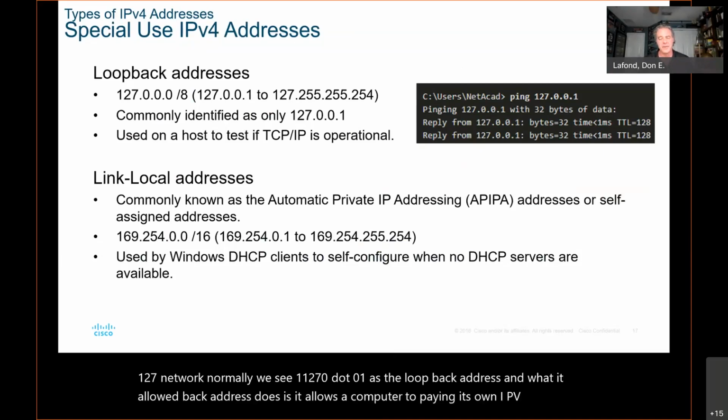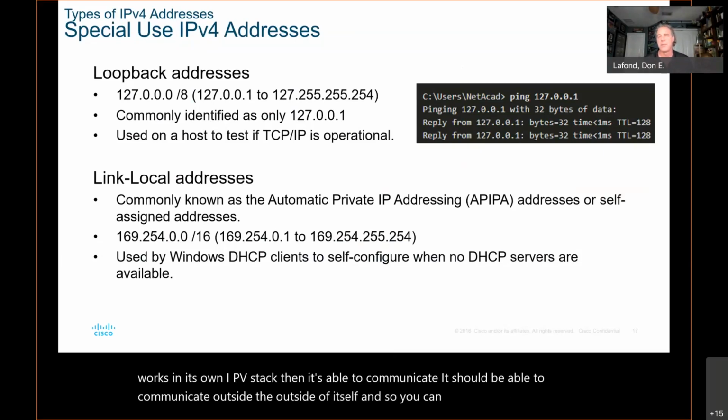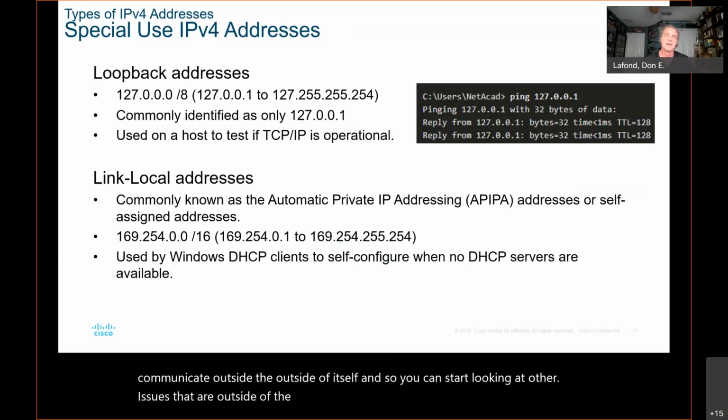If it works in its own IP stack, then it should be able to communicate outside of itself, and so you can start looking at other issues that are outside of the network. Now, it's used by hosts to test TCP/IP operation.